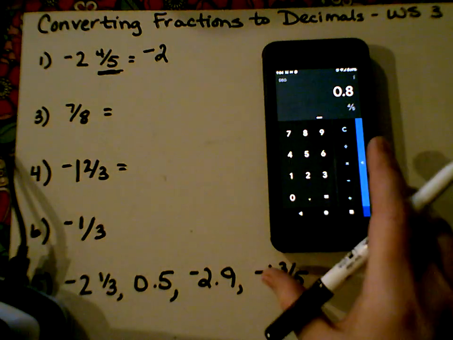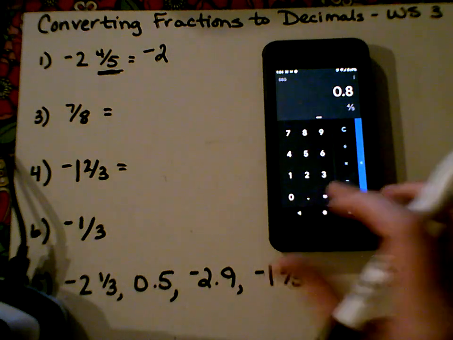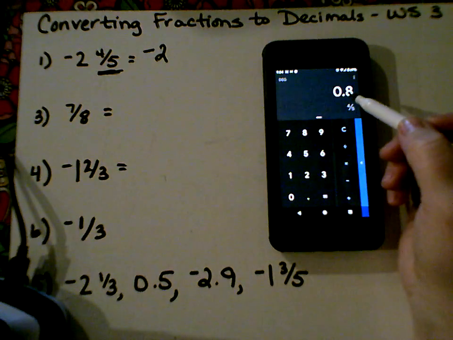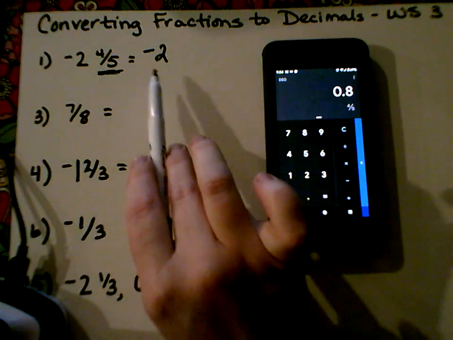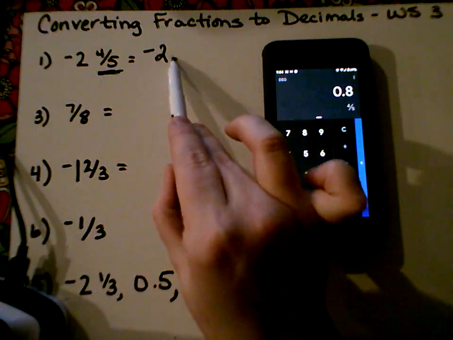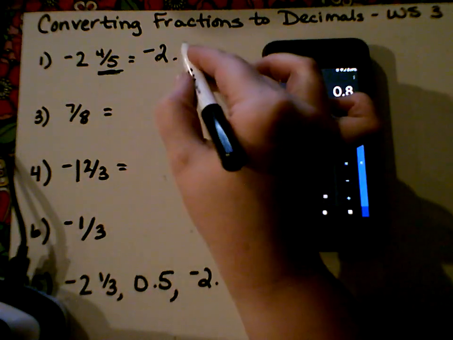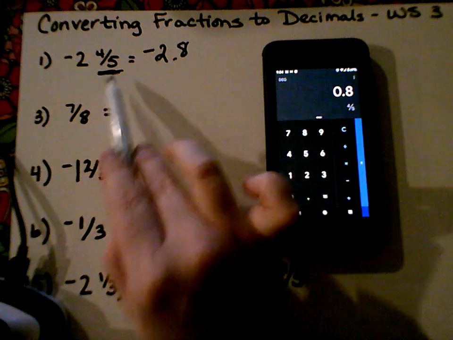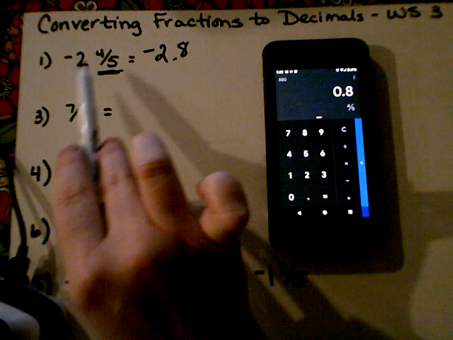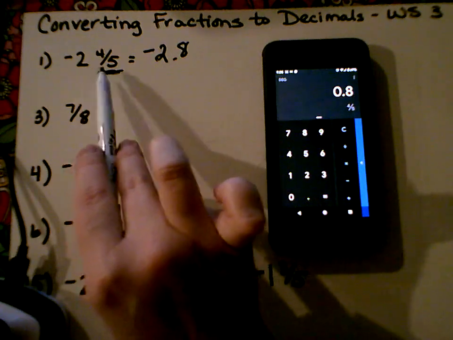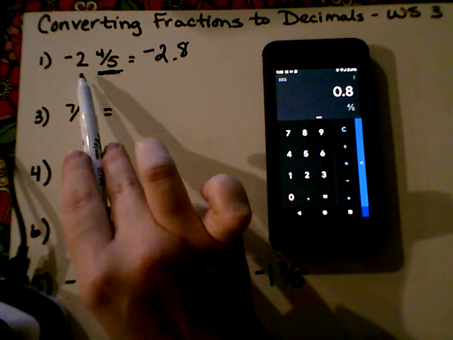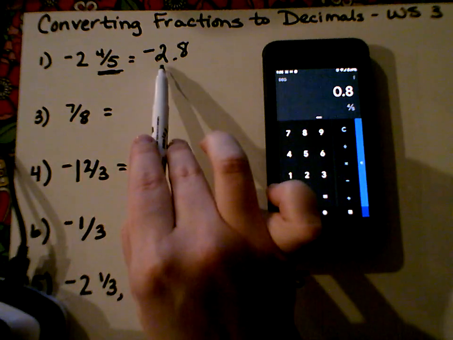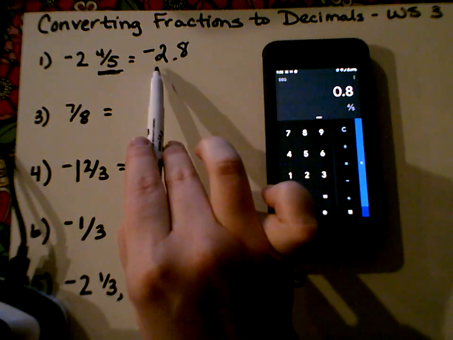Okay, 4 divided by 5 is 0 and 8/10. In this case, it's going to be -2 and 8/10. So the only difference between problem number 1 and problem number 3 is that we have a mixed number here, and we have to remember to take this -2 over into our answer.